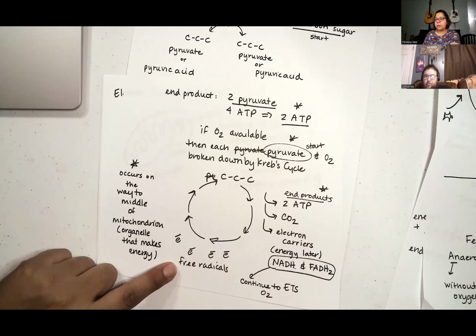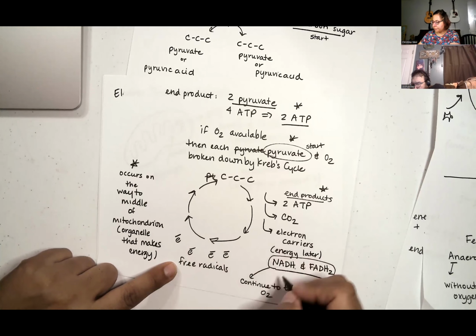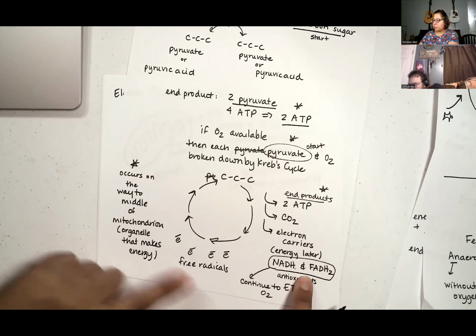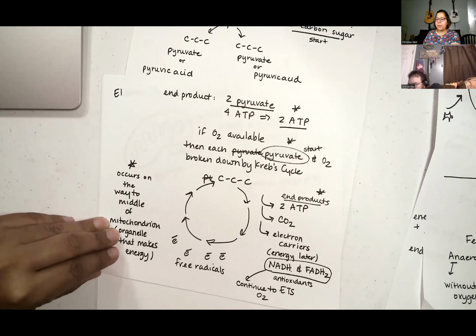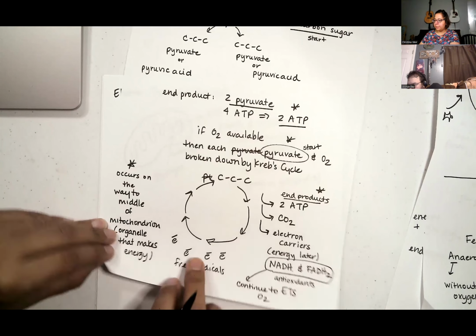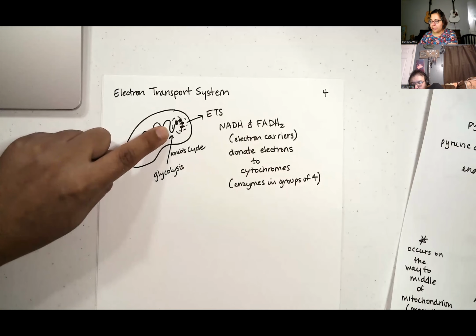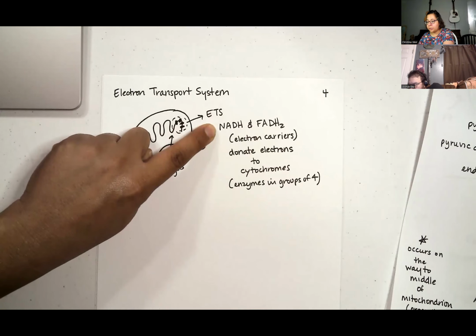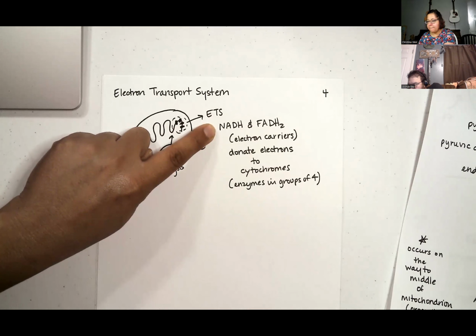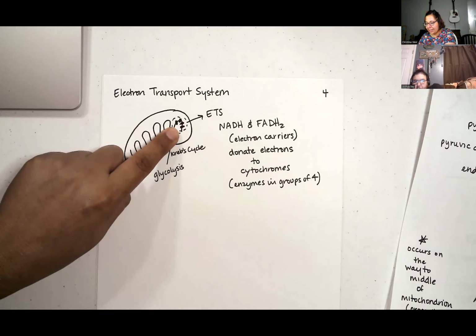Another word for electron carriers, which you probably hear in commercials, is antioxidants. Antioxidants are the molecules which catch free radicals. Free radicals are useful, though, because we can use them to generate energy, which is what we do in the electron transport system. These guys will take those electrons that were floating around, not behaving, if you will, and donate them right here.